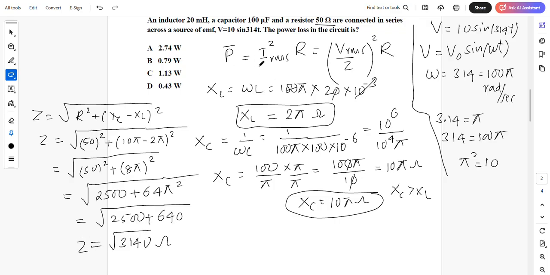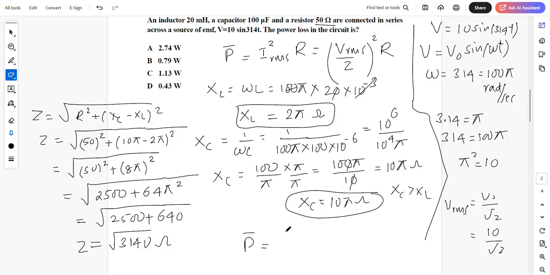How to calculate the power loss? Power loss is given by VRMS divided by Z the whole square into R. How much is VRMS? VRMS is equal to V naught by root 2. V naught is 10, they have given. So 10 by root 2, I'll keep this as it is.